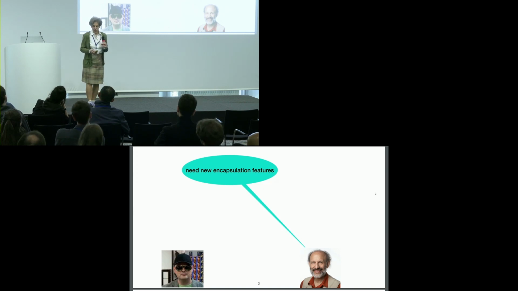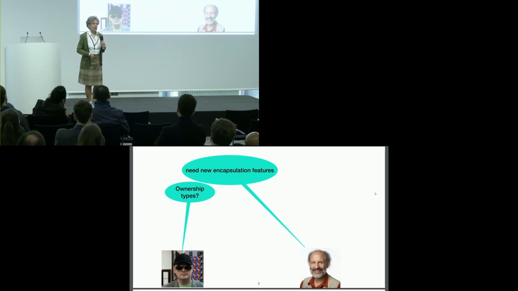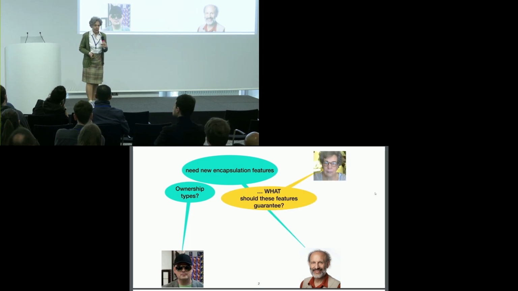And so Mark was discussing this, and James, of course, was proposing some version of ownership types. And then I asked, but what do you want to ensure with those encapsulation features?